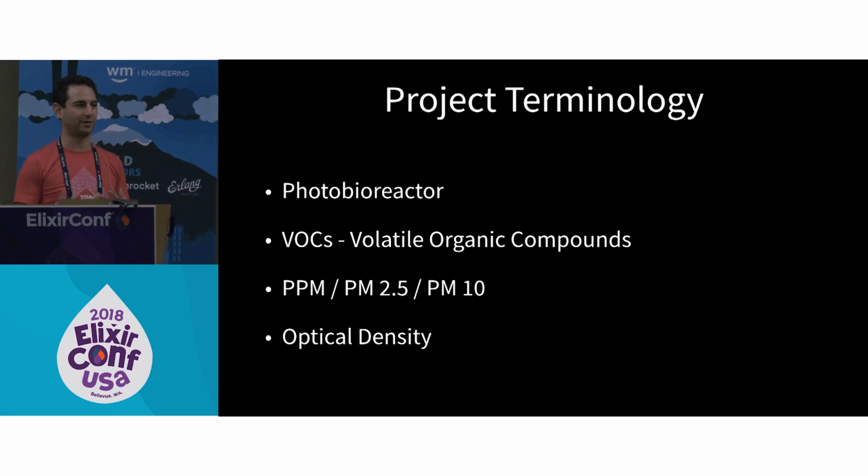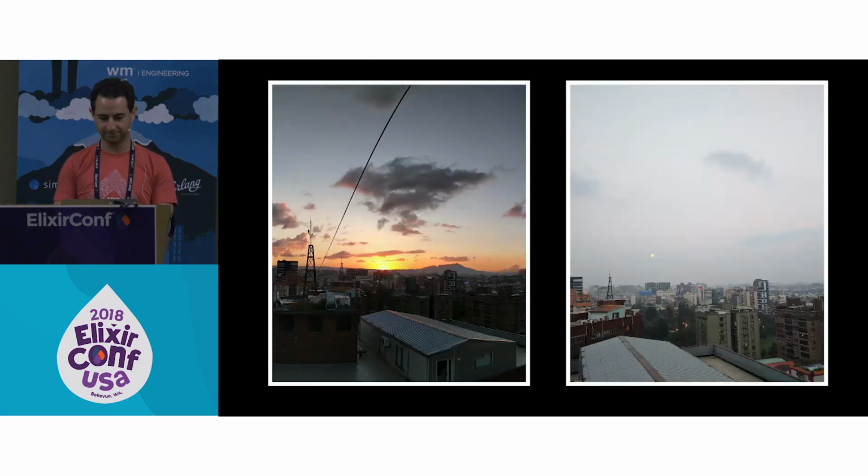Finally, we talk about the concentration of these pollutants using terms like parts per million, particles of size 2.5 microns, so PM 2.5, PM 10 is 10 micron particles. And then we'll also use the term optical density a bit in this talk, and I'll go over what that is later on.